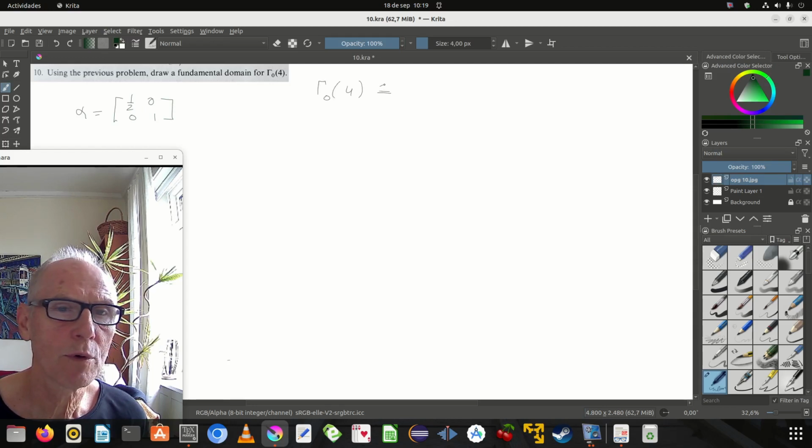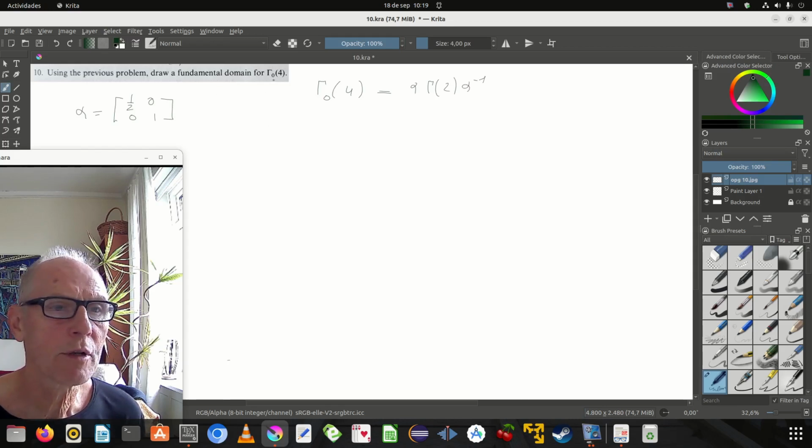gamma naught 4 is, well, should we say equal to alpha gamma 2 alpha to minus first.